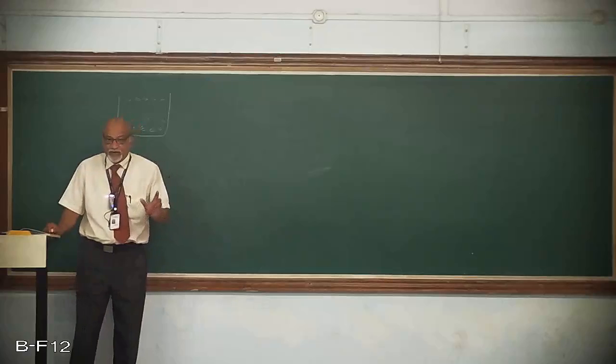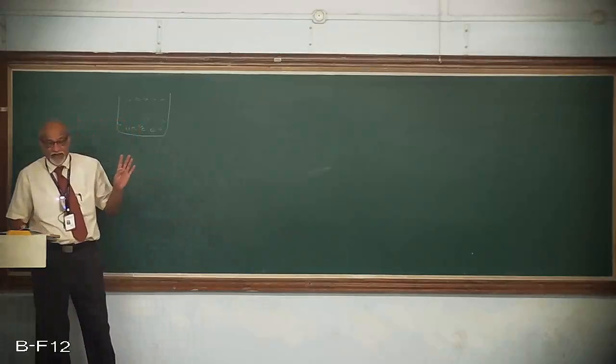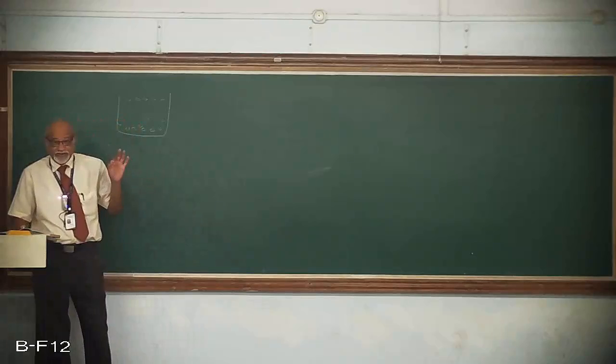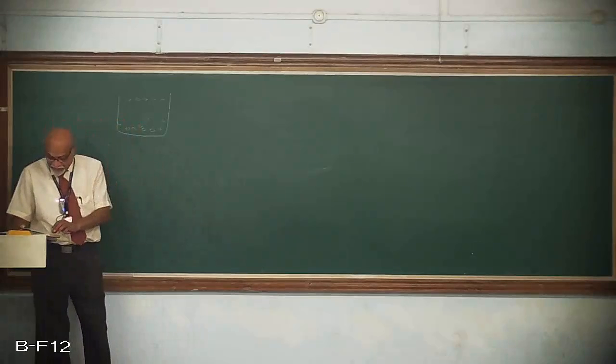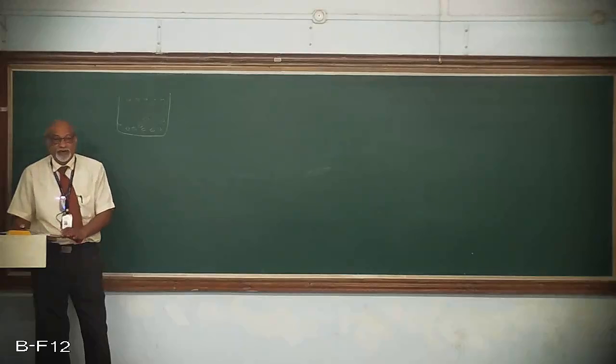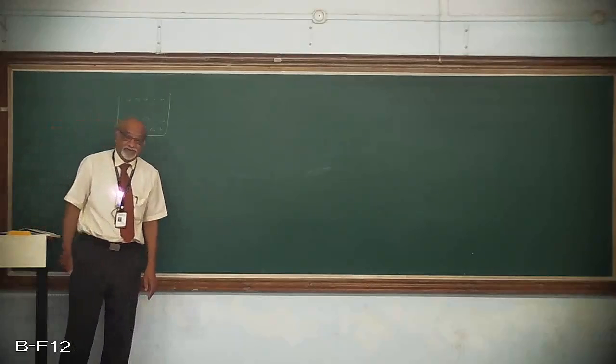The first is randomness of selection of the sample. The second is the sample size. The third is the quality characteristic to be tested. The fourth is the acceptance criteria, and the fifth is the lot size.